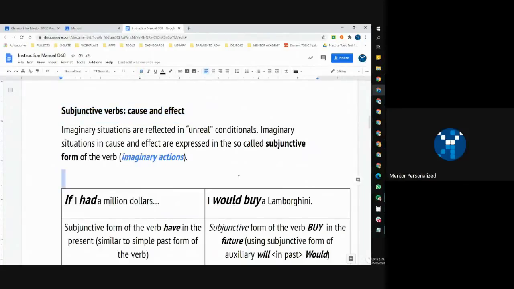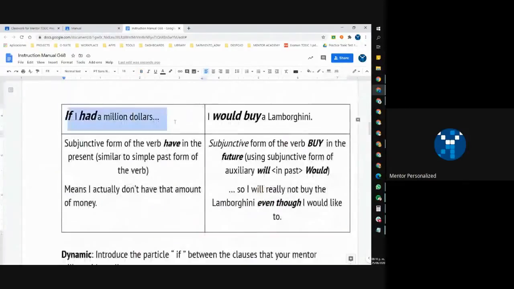That's right. For example, if I had $1 million, in this supposition, with this condition, I would buy a Lamborghini. That would be my desired result. I'm expressing desire. I would buy a Lamborghini in case I had $1 million. This is the condition, and this is the expected result, right?